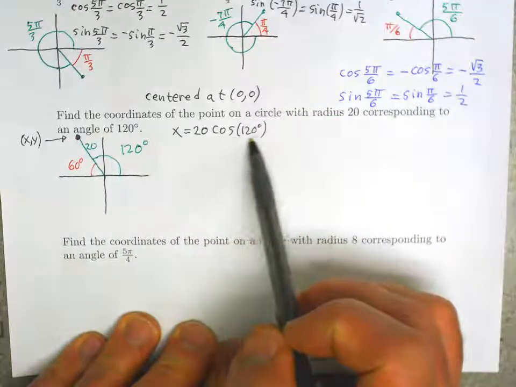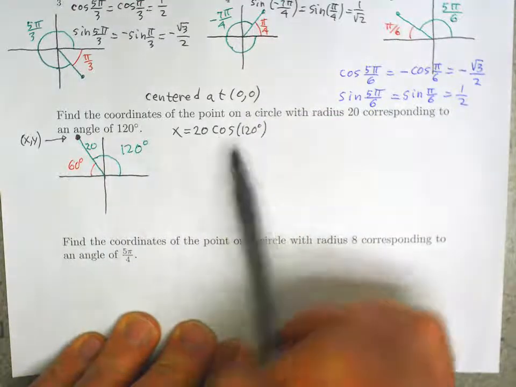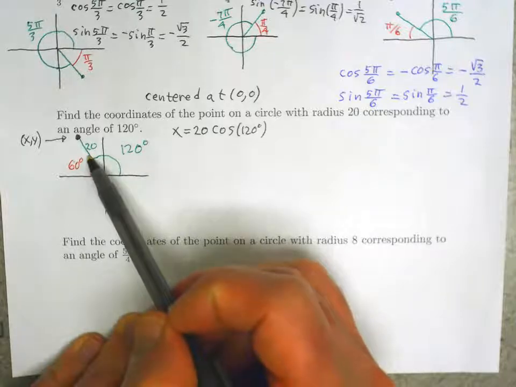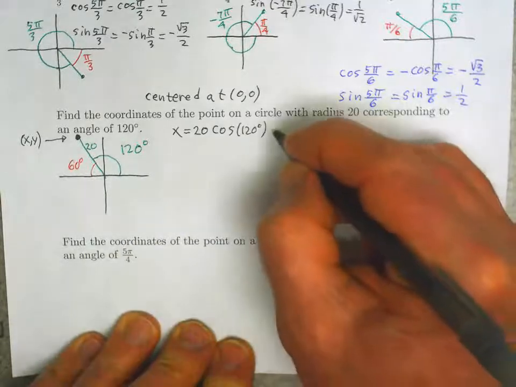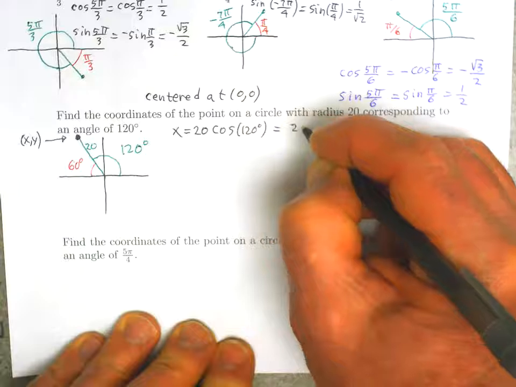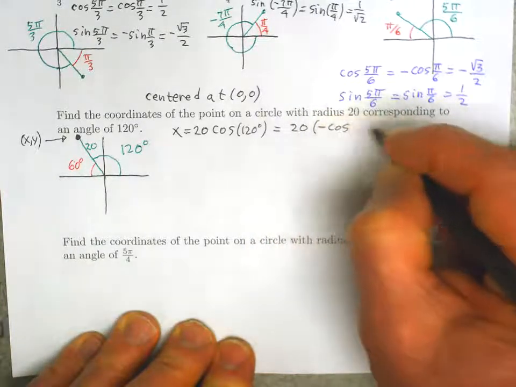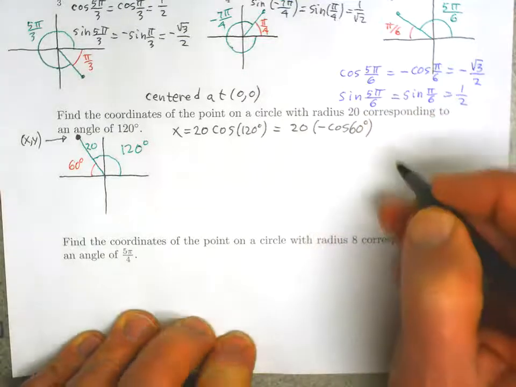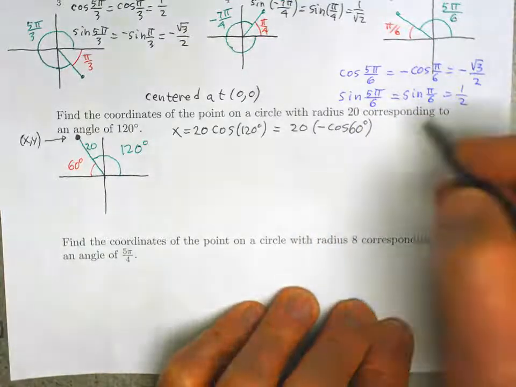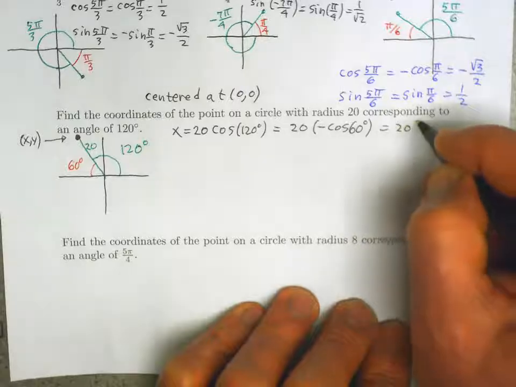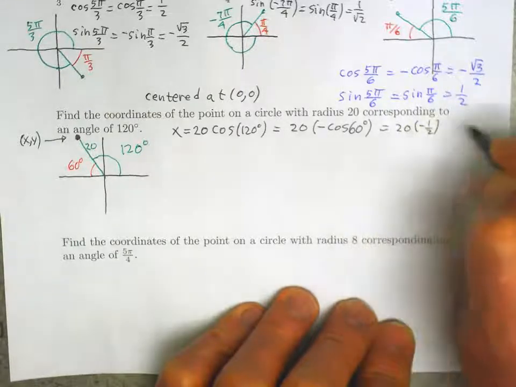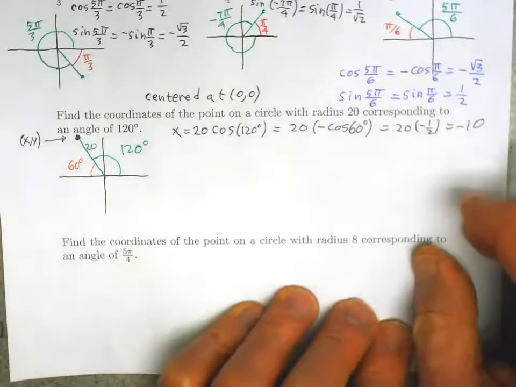But cosine of 120 is negative, right? The cosine is negative in the second quadrant. So we can write this as 20 times the negative of cosine of 60 degrees, which is 20 times negative 1/2, or negative 10.